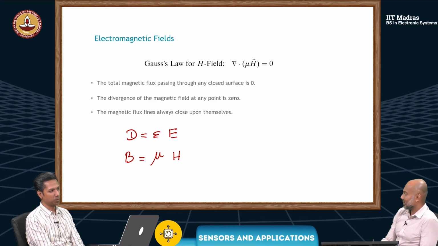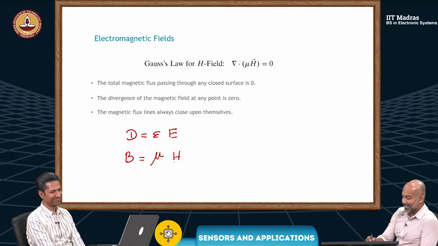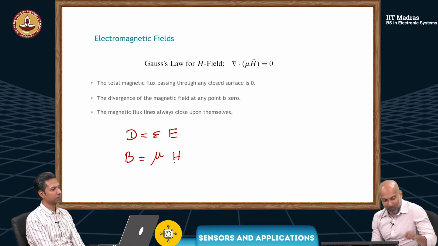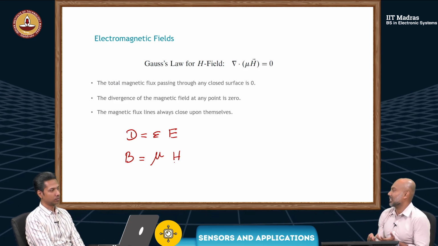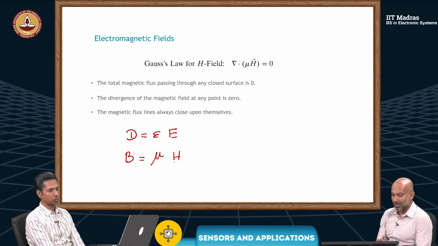This will also be useful when we design something. Later on, we will see how these values come into the picture. So that's the second law. So far we're talking about static fields, static electric fields, static magnetic fields.